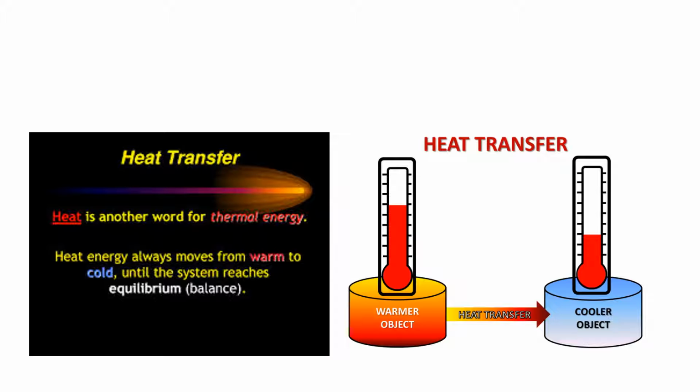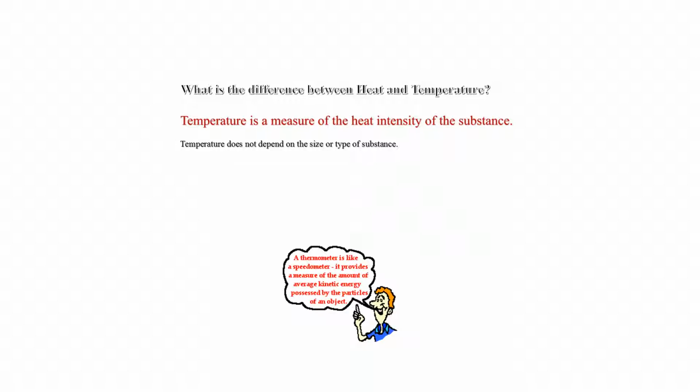The definition of heat energy is that it is a form of energy that when applied to a substance results in the increased motion of atoms. Hot and cold are adjectives used to describe temperature. When finding the temperature, you are only finding the heat intensity.